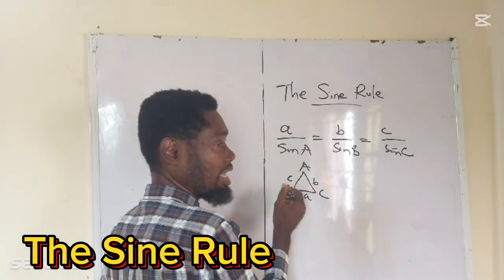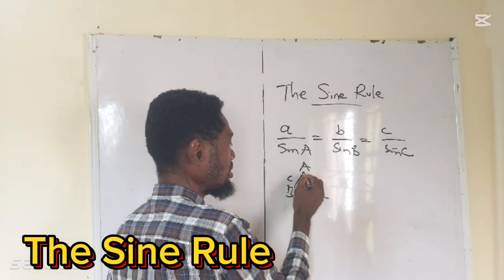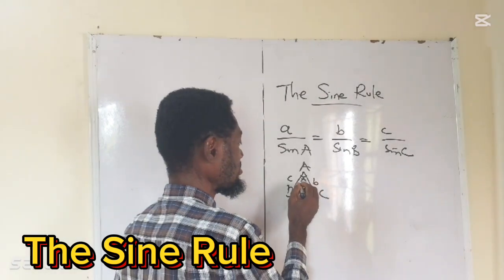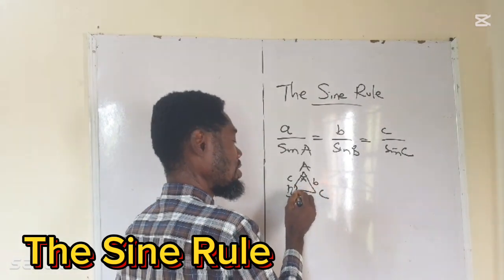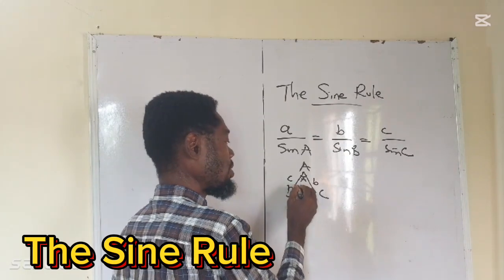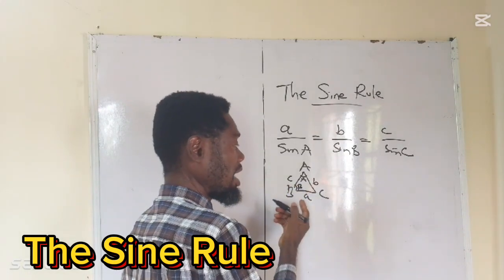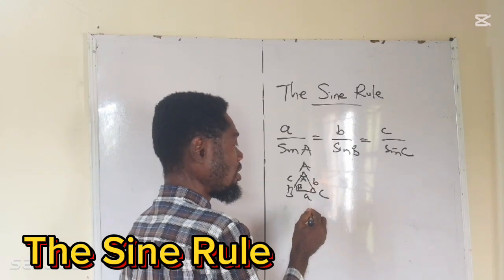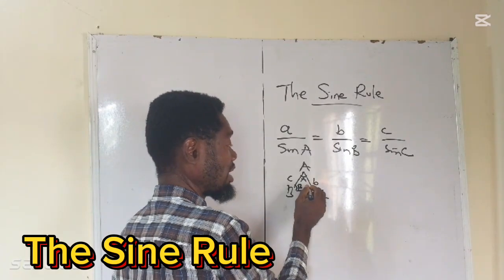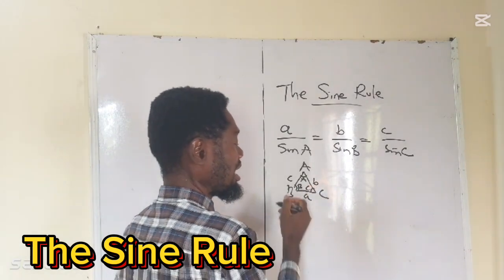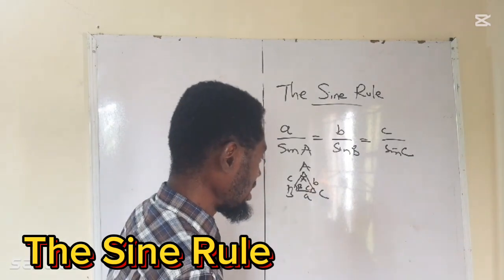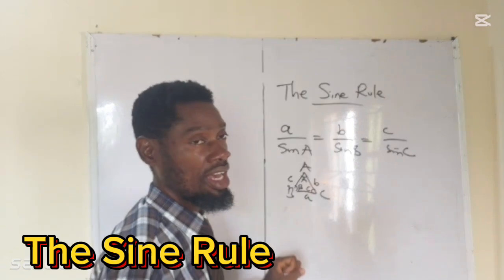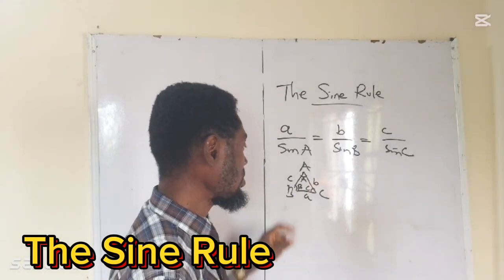We have the included angle capital A, or you can use theta; the included angle capital B, you can use beta; and the angle capital C, you can use gamma, or just C. These are called the included angles.